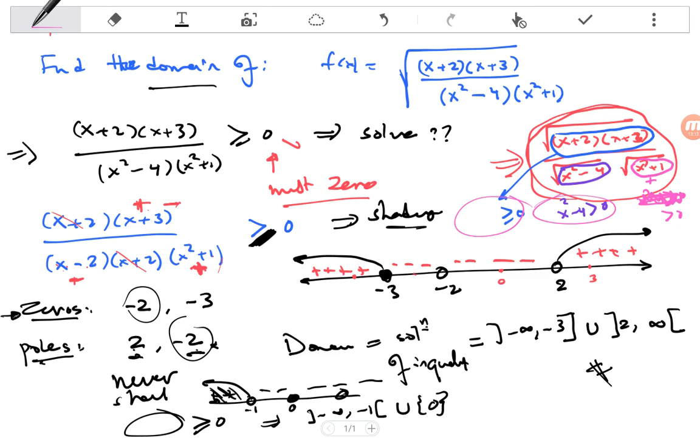After solving this inequality we make the intersection between these two solutions, and that will be the domain of the problem. Okay, so that is just a reminder for the last lecture.